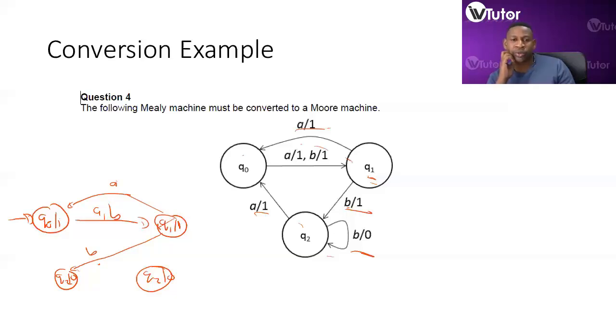Then Q2, the one with the output of 1 goes to B.